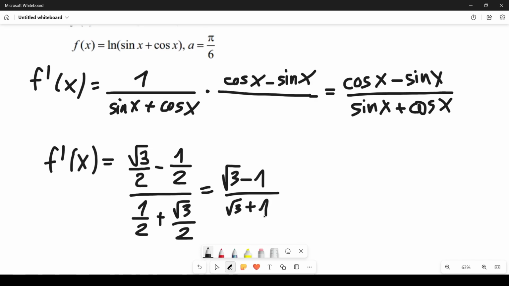But that's not going to be our final answer, because we have a square root in the denominator, which is illegal, and we're going to proceed by multiplying by square root of 3 minus 1.